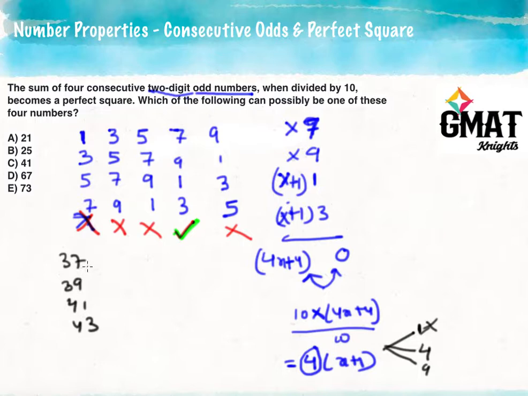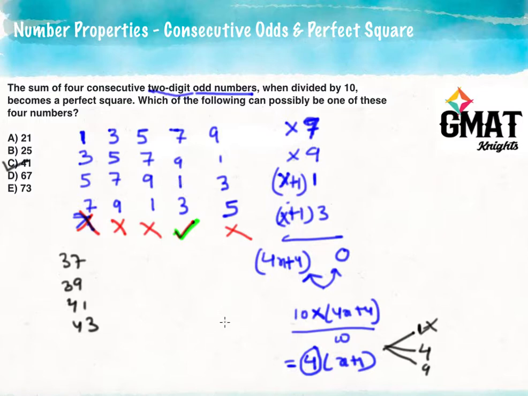So option C is definitely going to be our correct answer. And obviously if you take x equal to 8, you get x plus 1 as 9. That is also a valid solution, but that is not in our answer choices, so we can ignore that, and so on. Okay, so this is one method.